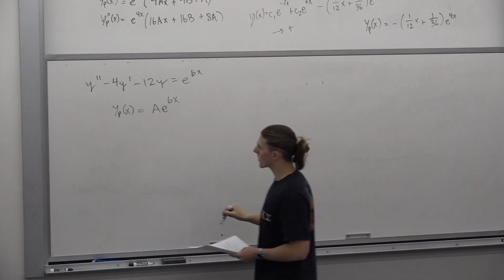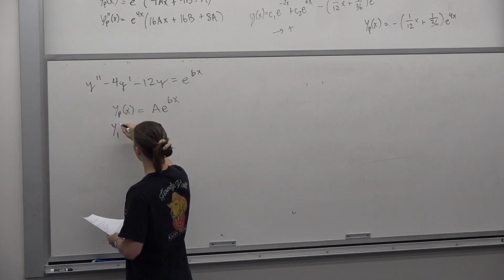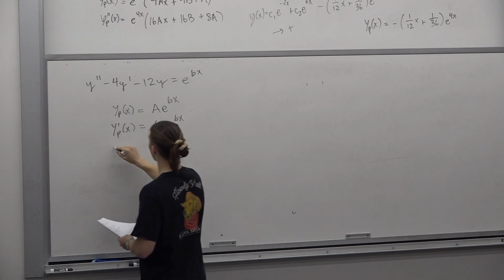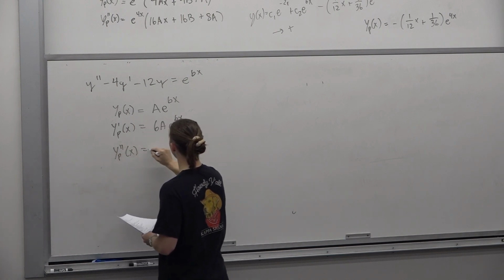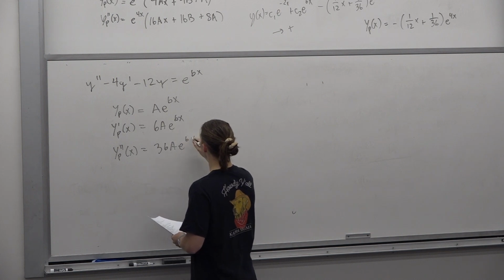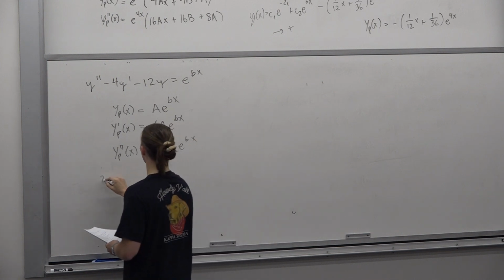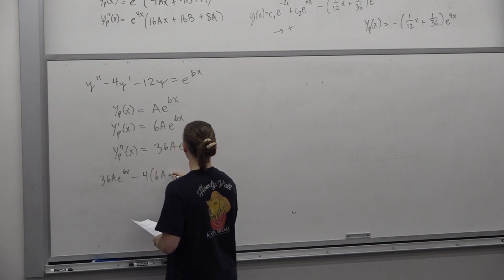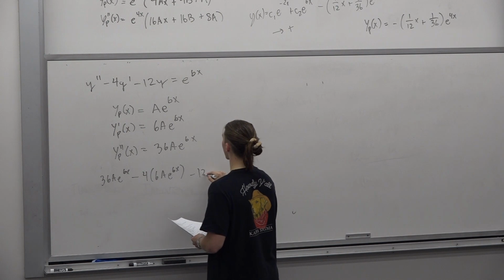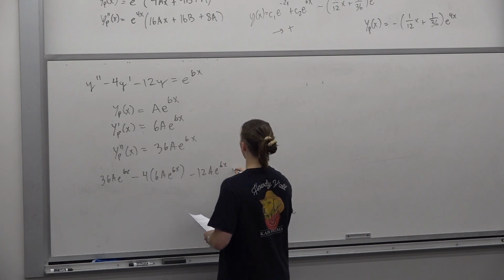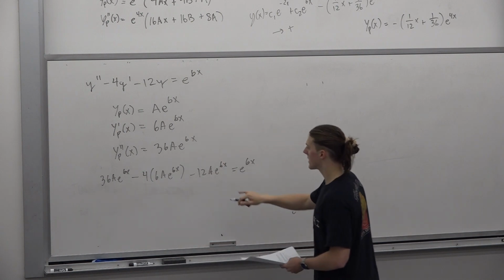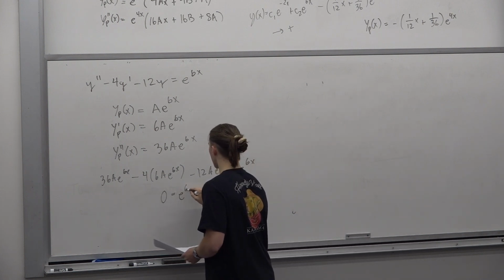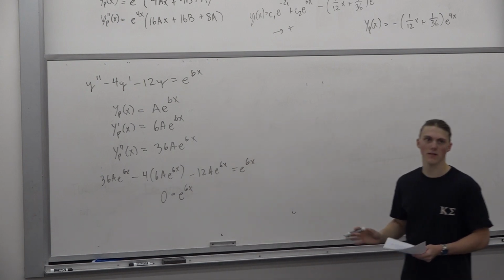But if you went through all the trouble of differentiating this and then plugging it back in, and you did the algebra, you would get 0 equals e to the 6x. And that makes no sense.